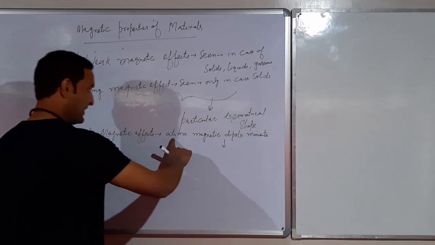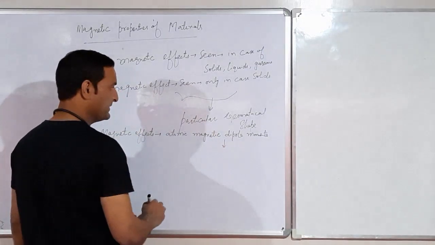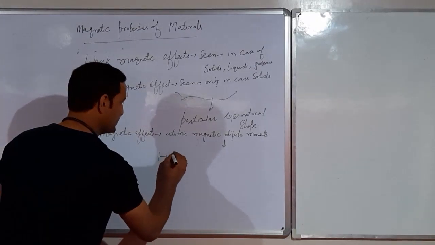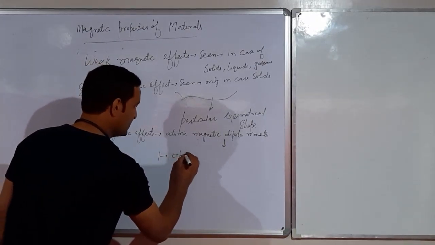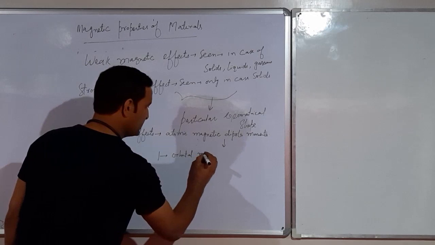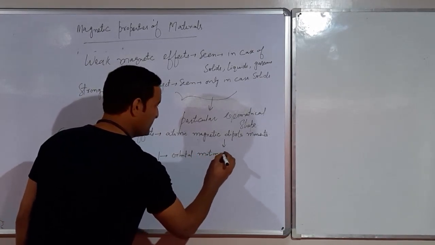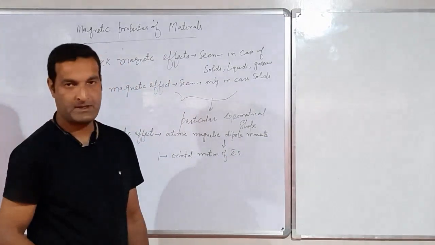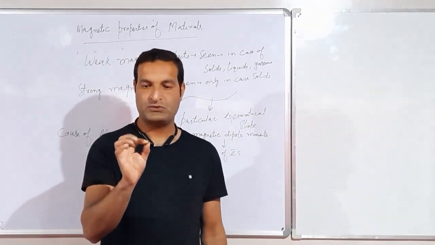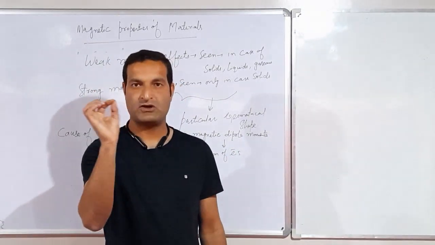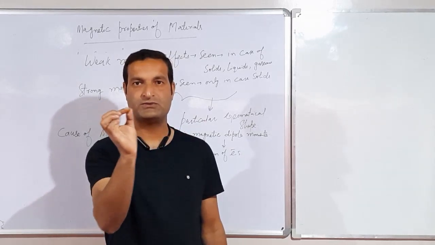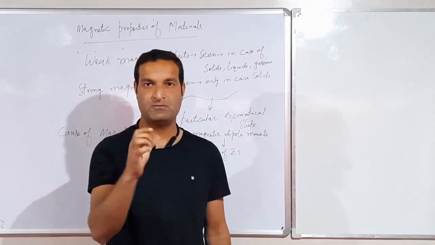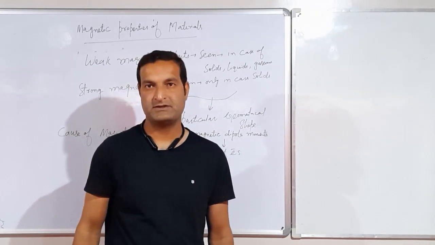These atomic magnetic dipole moments are due to three types of motions. First, the orbital motion of electrons: the electron orbiting around the positively charged nucleus in a circular orbit gives rise to a magnetic moment.